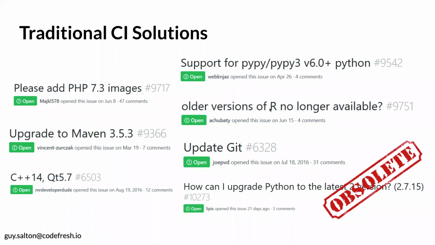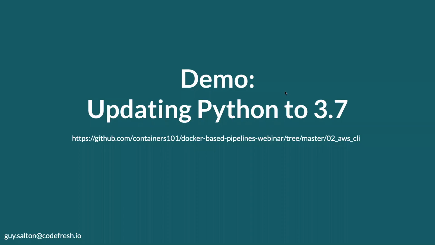For example, older versions of R are no longer available. So let's say I have a legacy application that uses an older version of R, and now somebody else has to upgrade the version of R for his new application. Now I simply can't run my pipeline anymore because the old version of R is no longer available. So this creates a lot of issues.